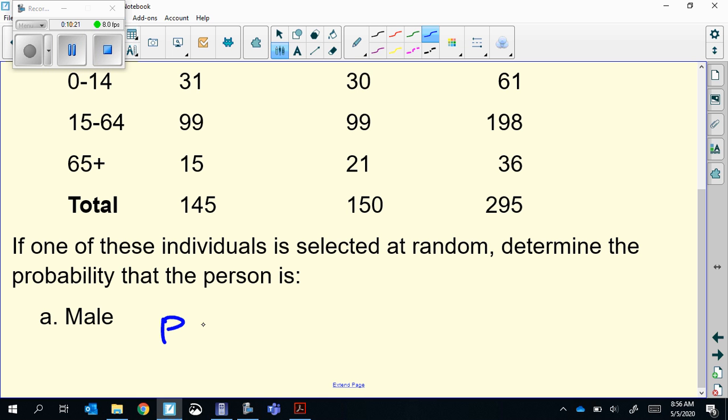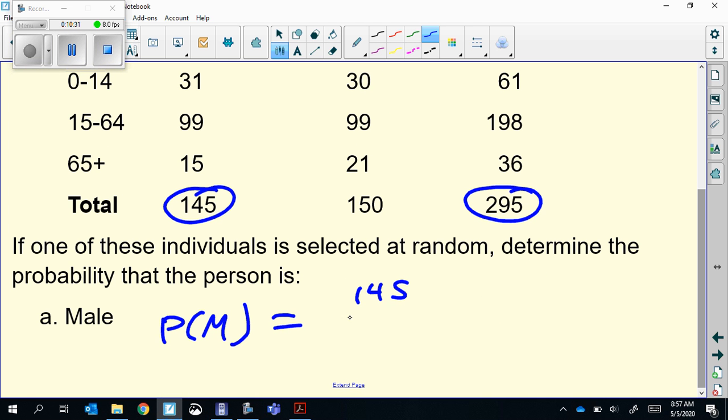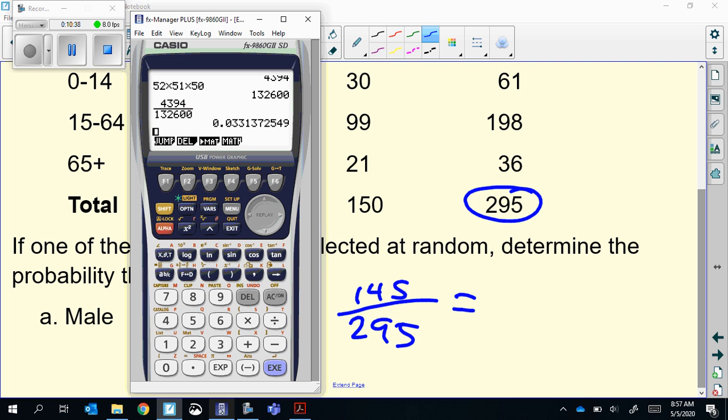So the probability of being male, there's no given statement, so we have 145 total males out of 295 total. And then you can reduce that. If you type it in as a fraction on your calculator, it will automatically reduce.